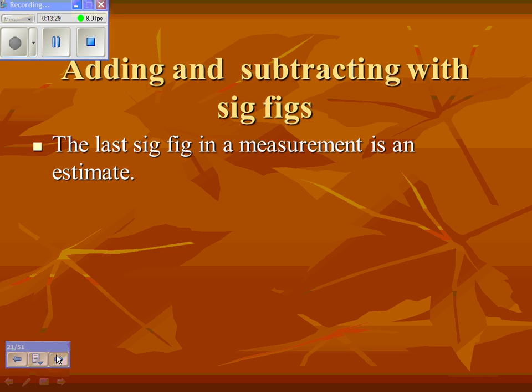Whenever you're adding or subtracting, you're going to look at the number of places past the decimal point, and the number that has the fewest places past the decimal point, that's how many you're going to use in your answer.